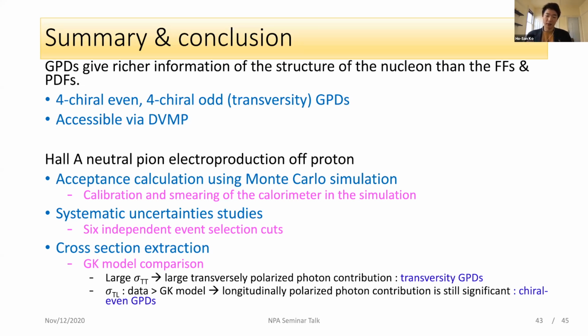which might give us access to transversity GPDs, and sigma TL showing a larger value than the GK model prediction hints that the longitudinal polarized photon contribution is still significant. So we might be able to access the chiral-even GPDs in this kinematic still.